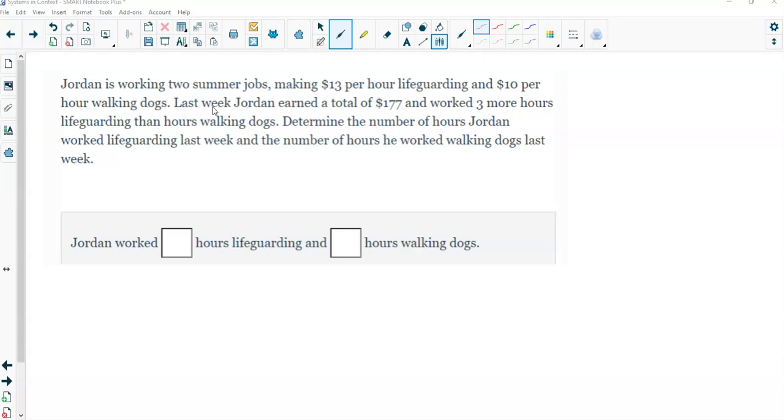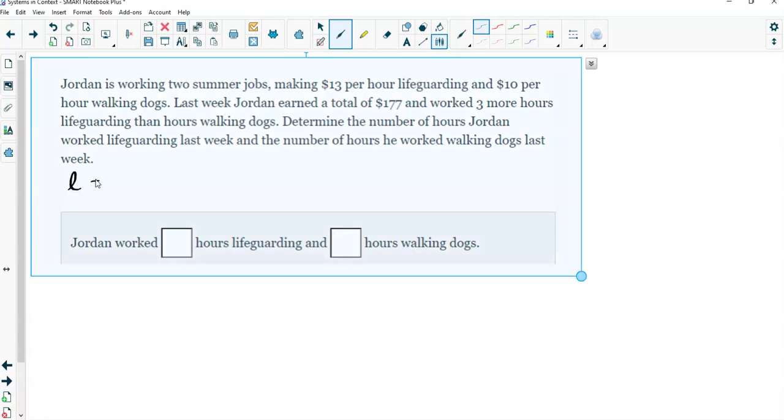Let's see. He works lifeguarding, so let's choose L for lifeguarding, whatever hours he worked lifeguarding, and let's choose W for walking dogs. Okay, so let's see.